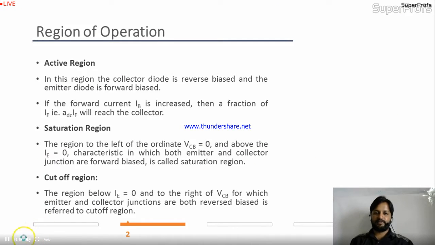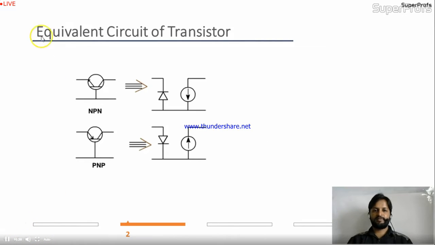Reason of operation is clear to you people. So this is the equivalent circuit of the transistor. Let me take the pen first. NPN transistor. I told you earlier the emitter current will come out from the NPN. Because in the NPN, this was the NPN, right?